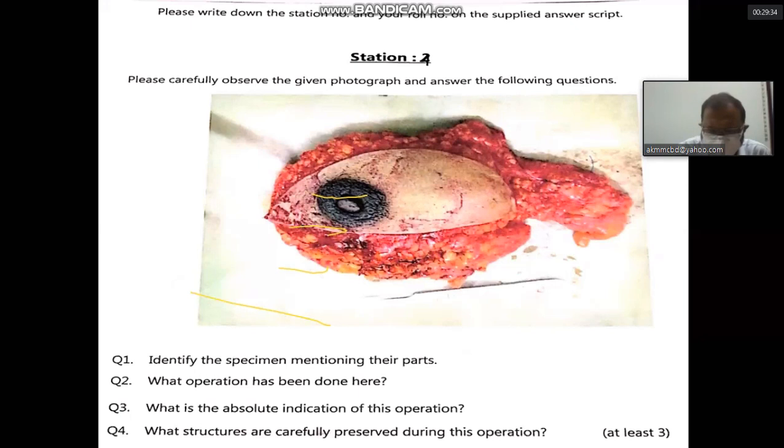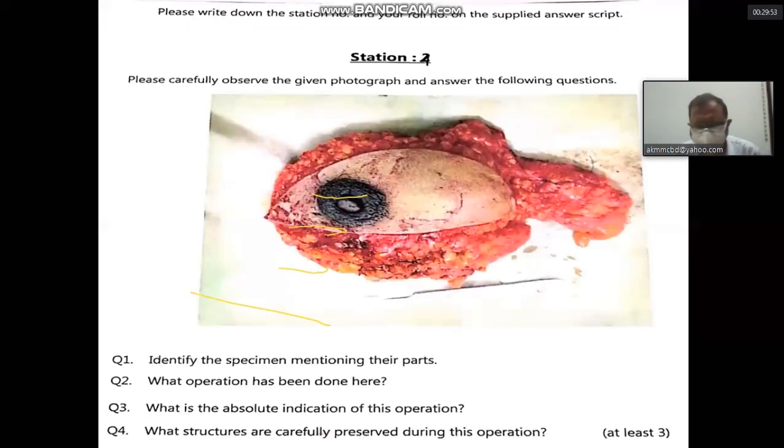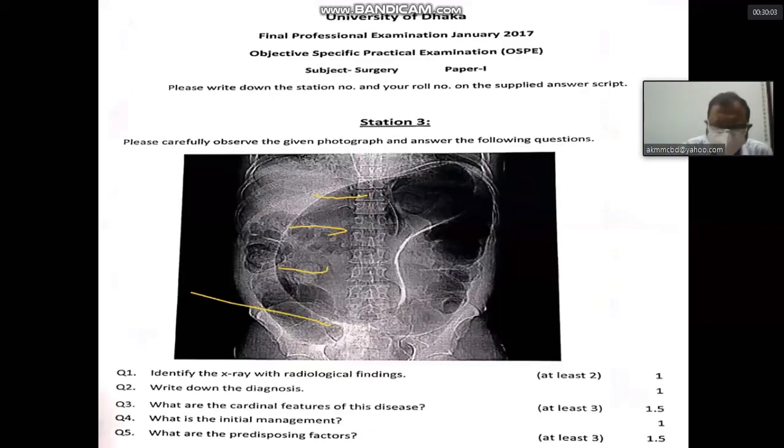And nerve to serratus anterior. The nerve to latissimus dorsi, nerve to serratus anterior, and last one is intercostobrachial nerve. Okay. Any question regarding this station? No, sir. Okay. Come to the next one.